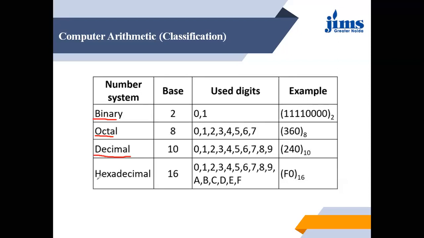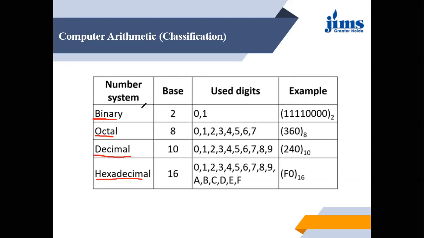We discussed that the representation or value of a number depends on the base of that number, and the weight or value of a particular digit depends on the place where it exists.